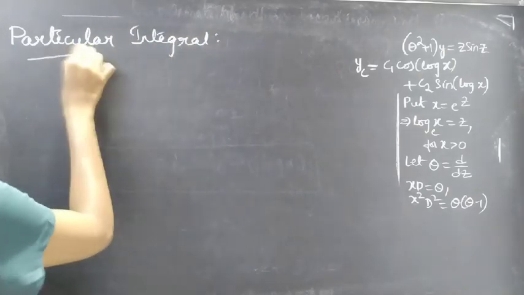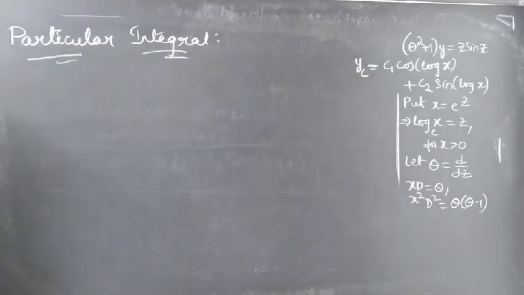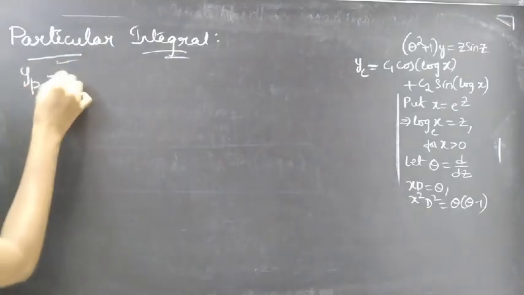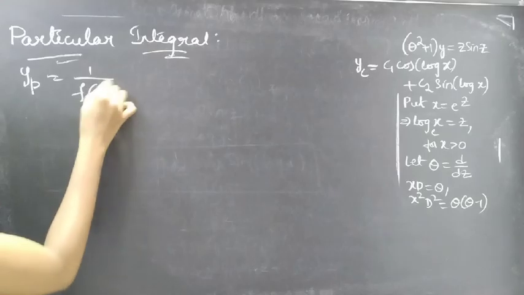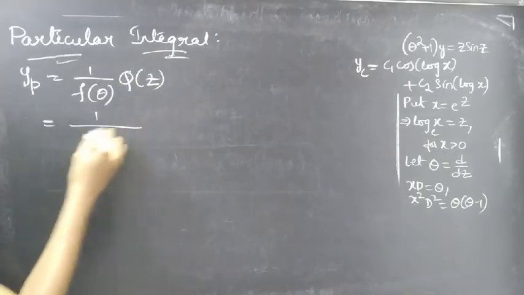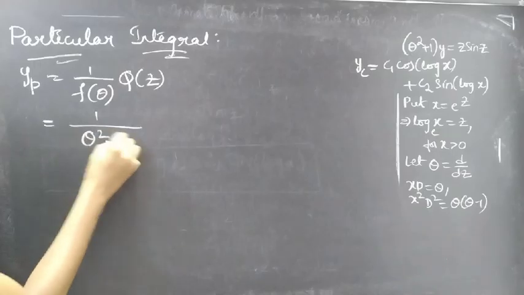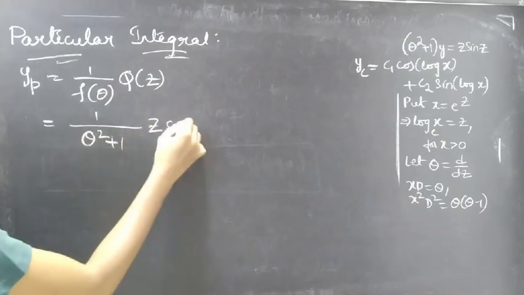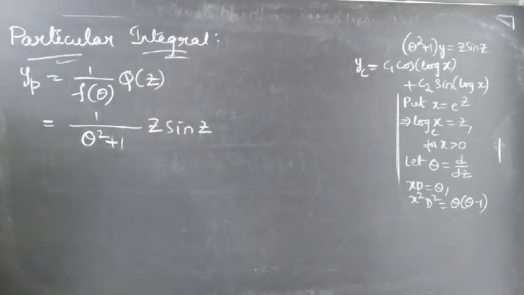Particular integral. We'll find particular integral using 1/f(θ) into Q(z). We have f(θ) and Q(z), right? Where f(θ) is θ² + 1 and Q(z) is z sin z.